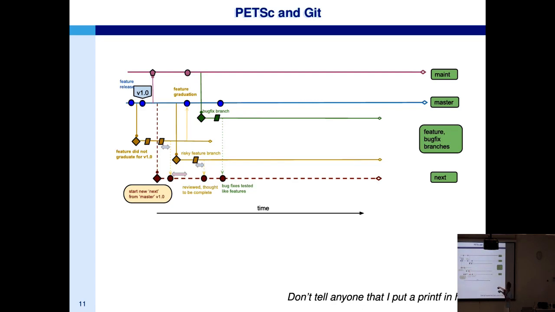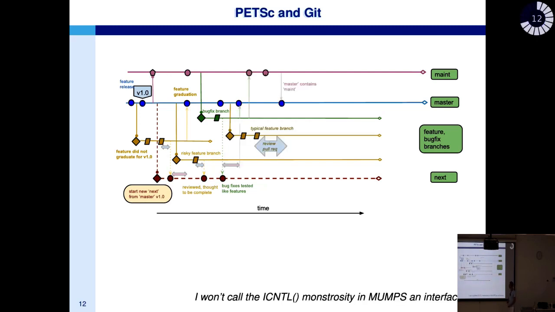Similarly, in maint, there might be a bug that has been uncovered by a user. If that gets fixed, it's branched off maint, and once that bug fix is applied, it also goes to next for testing. So next is the branch where everything gets jumbled together, and if things are okay, then they get disentangled again in some sense.